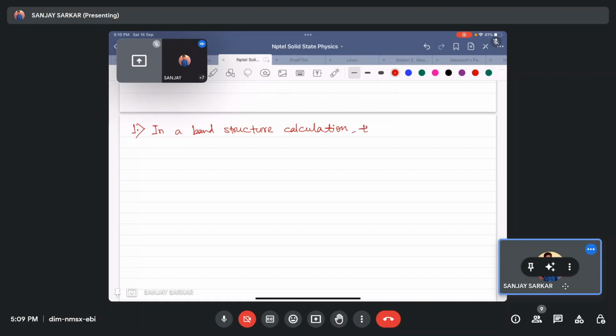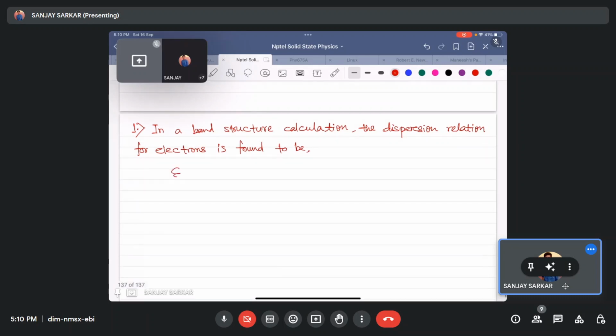The dispersion relation for electrons is found to be epsilon k is given by beta times cos kx a plus cos ky a plus cos kz a.